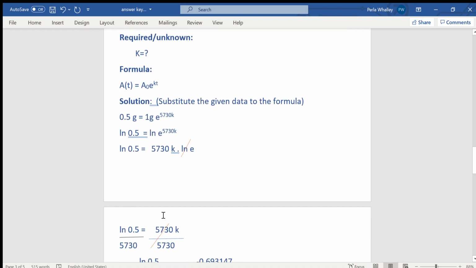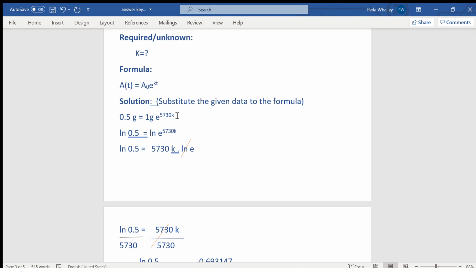That is, the final amount is equal to the initial amount times e raised to the decay rate times the time. Solution. Substitute the given data to the formula. So A(t) is equal to 0.5 grams, equal to 1 gram times e raised to the time, which is 5,730 times k, the decay rate.